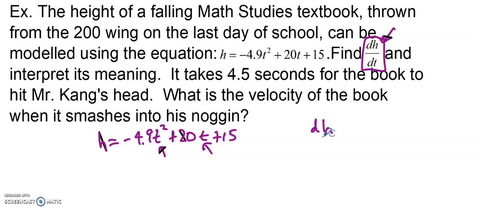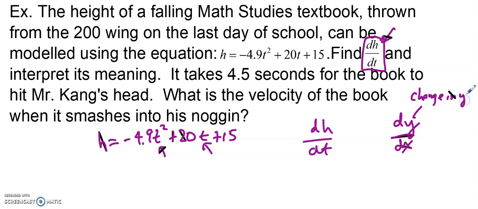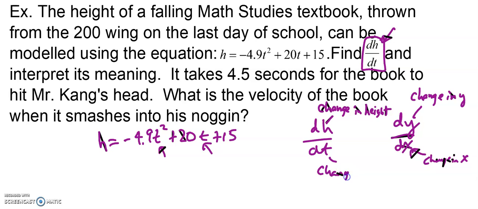Now, going back to something we learned at the beginning of derivatives, dy dx. Remember that this stands for change in y over change in x. Well, if that's the case, then dh must be your change in your height, because that's what h stands for, over your change in time.